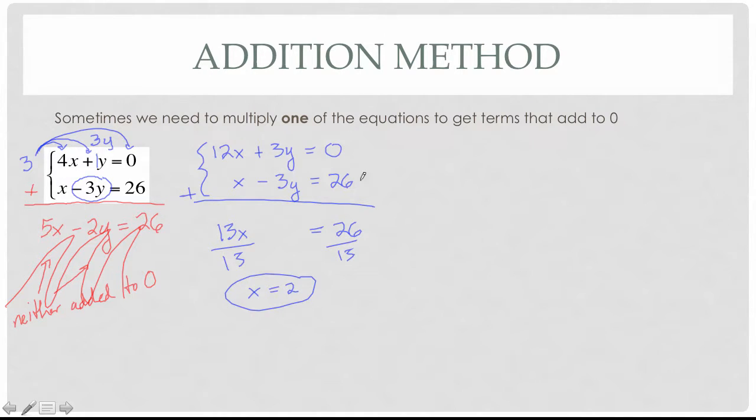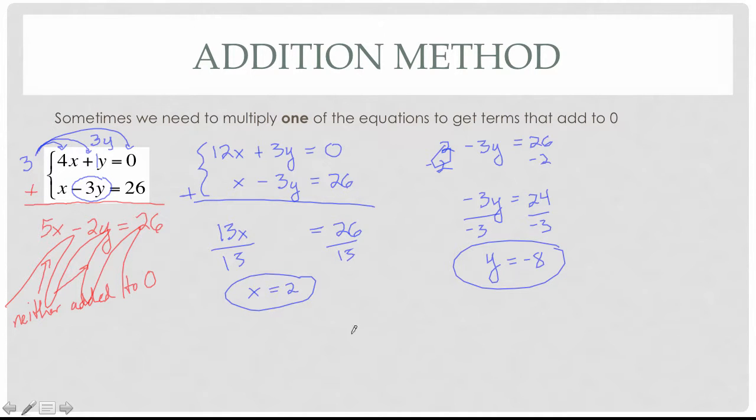I like that. If x equals 2, let's substitute it in. So 2 minus 3 times y equals 26. Subtract 2 from both sides. So negative 3y equals 24. Divide both sides by negative 3. And my y value equals negative 8. There we go.